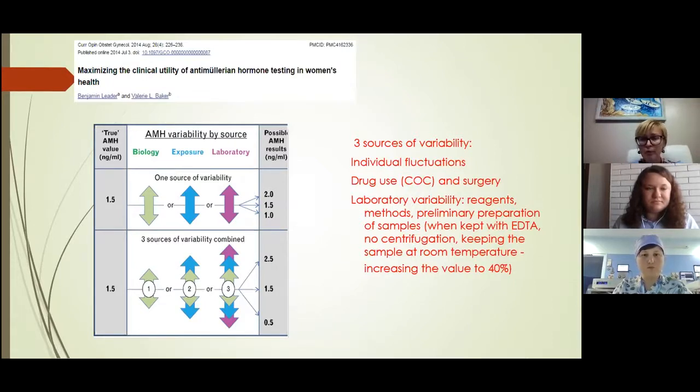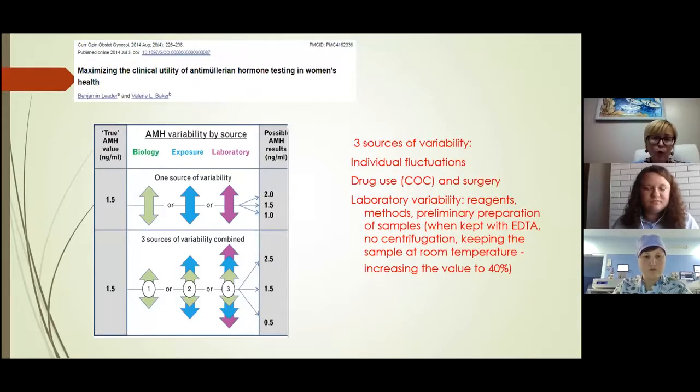For example, if women take contraceptive pills, it may influence anti-Mullerian hormone. If the laboratory uses non-certified reagents, it may also be not exact. Some methods and some machines to measure anti-Mullerian hormone are more exact, some of them are less exact.